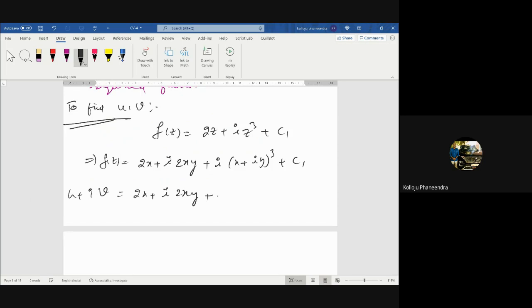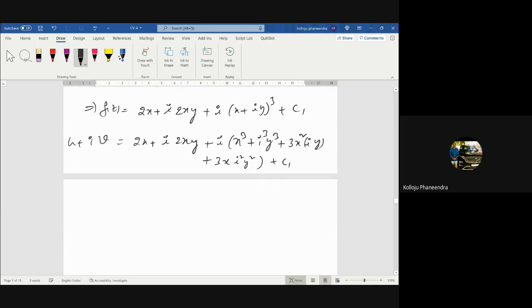(x plus iy) cube is x cube, i cube y cube, plus 3a square b plus 3ab square. This is our plus c1. So what I'm getting: 2x plus 2iy plus i x cube. This is i square value minus 1, right? Anyway, multiplied by i power 4 positive, so y cube.